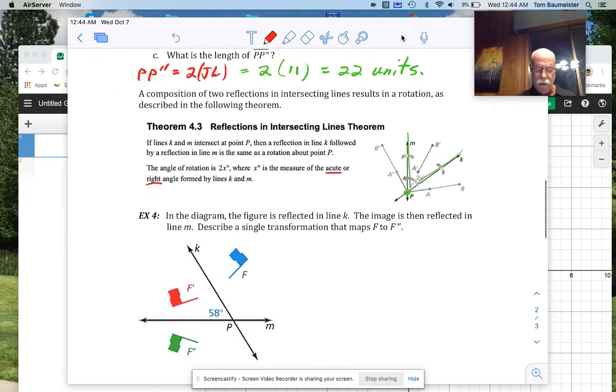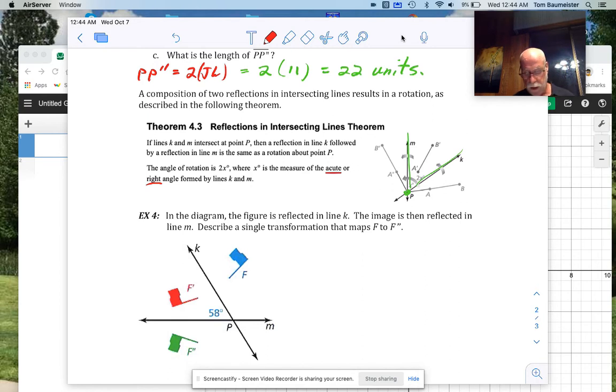So our last example here is in the diagram. The figure is reflected in line K. The image is then reflected in line M. Describe a single transformation that maps F to F double prime.